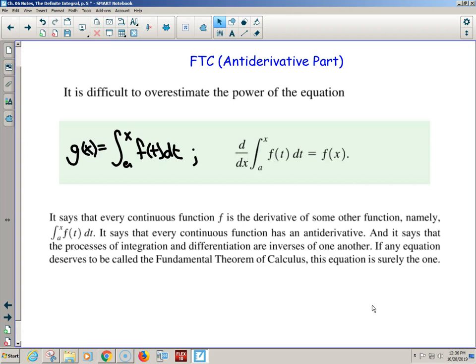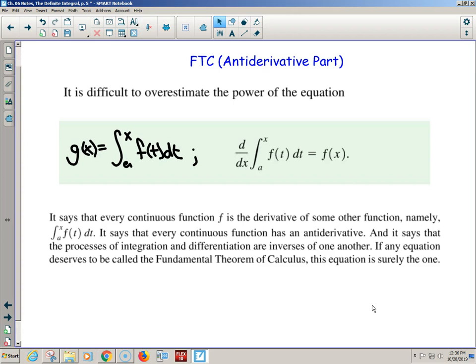So I liked how our book has some really interesting conceptual treatments of the material, trying to give you a bigger picture of what's going on. I liked when our book said it's difficult to overestimate the power of the equation, which is what we've been working with: the accumulator function and the derivative of the accumulator function.